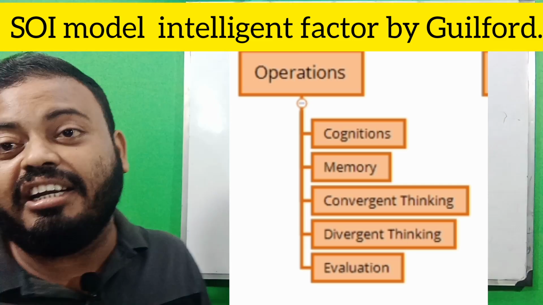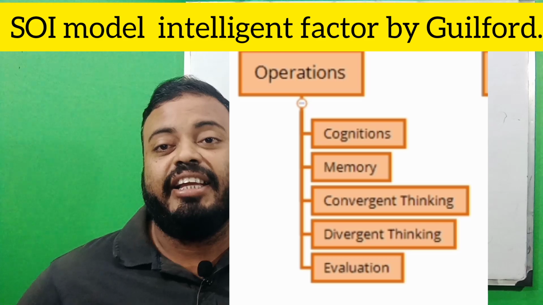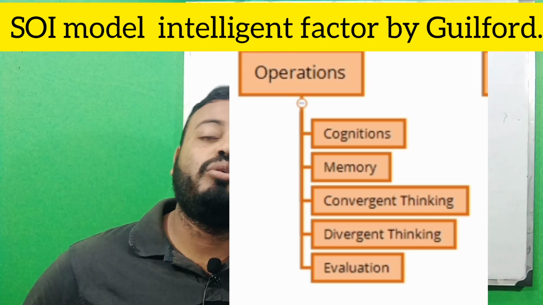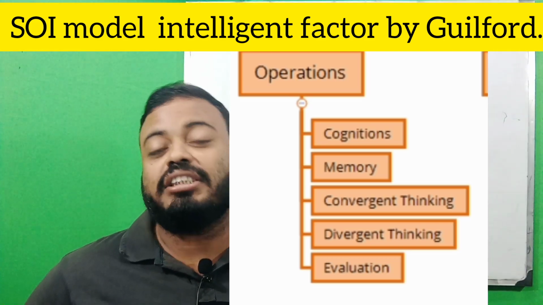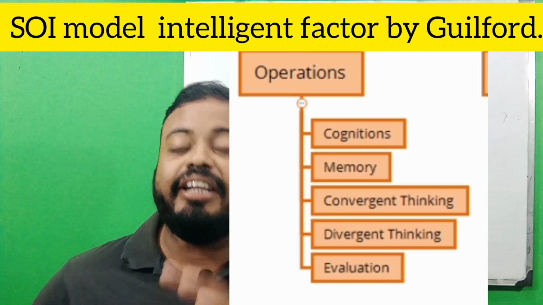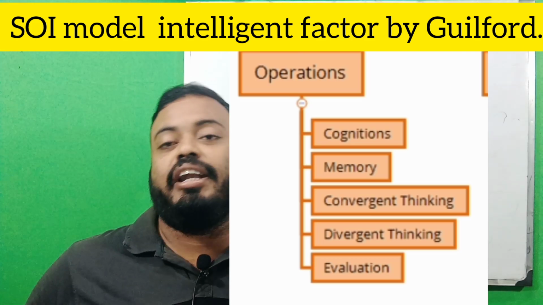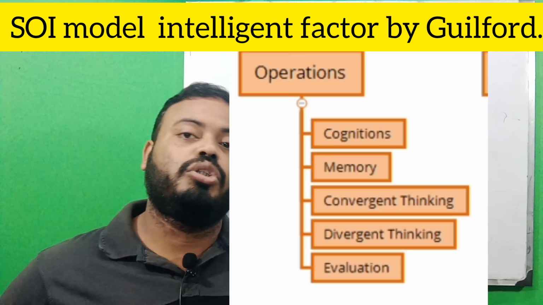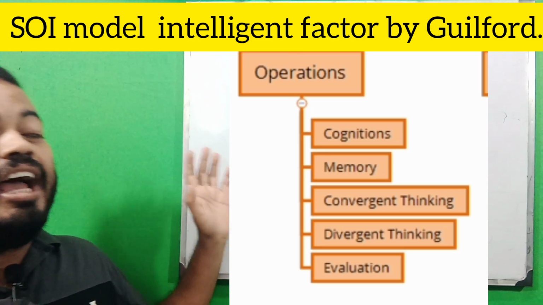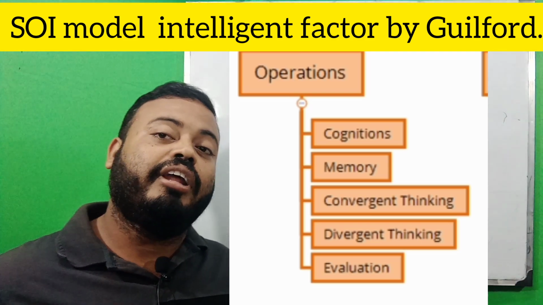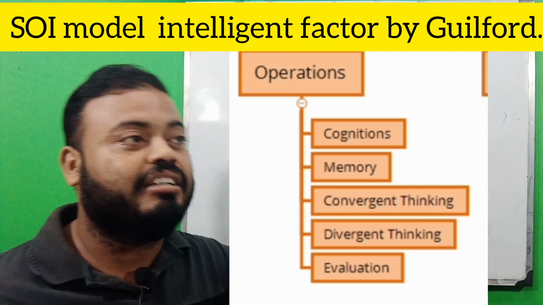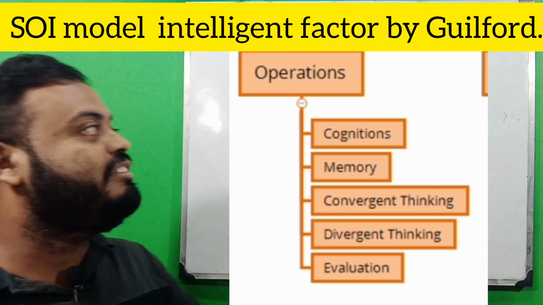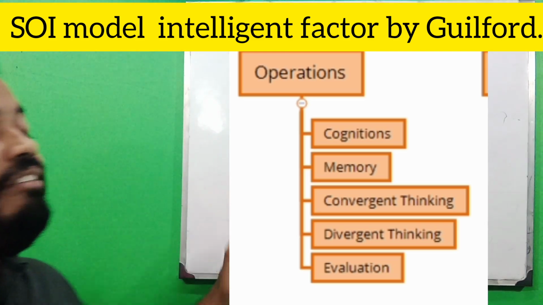Divergent thinking means the person is able to create new things, and he has some creativity at his dimension level. Guilford listed divergent thinking for his intelligence factor, and last is evaluation.